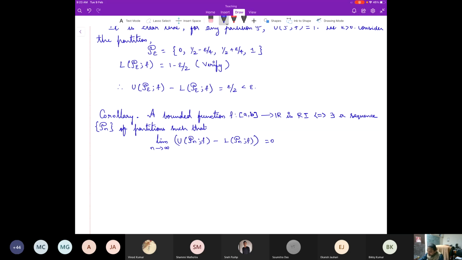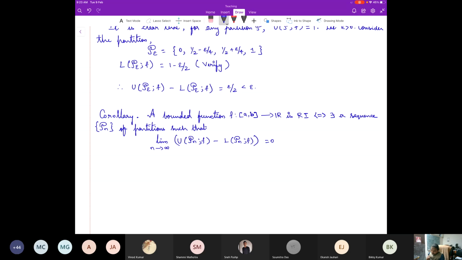Once you know that it is Riemann integrable, then for each epsilon you get a partition, and therefore for each 1 by n you choose a partition such that U(Pn, f) minus L(Pn, f) is less than 1 by n, and this sequence should help you.